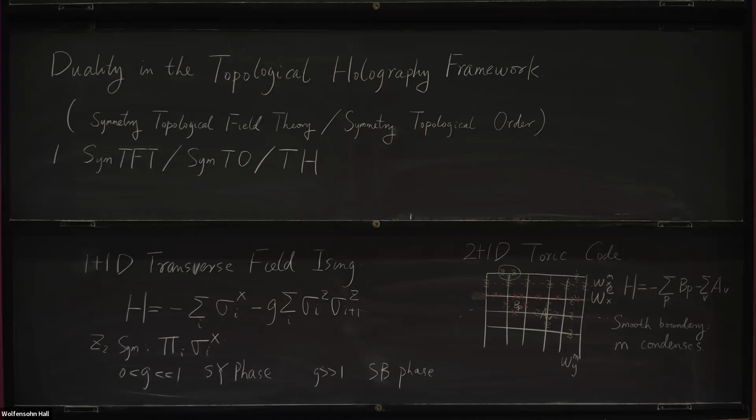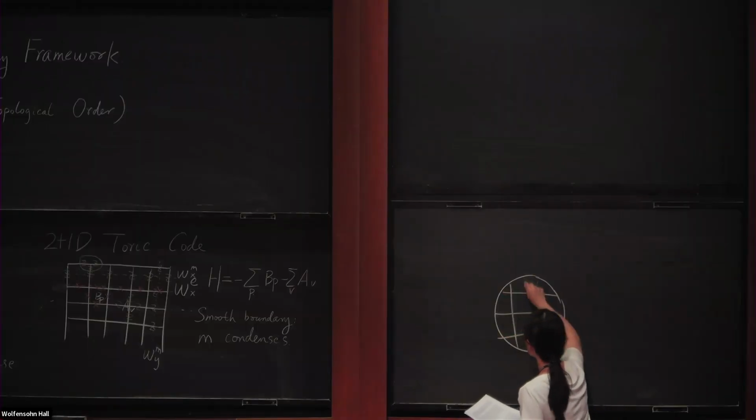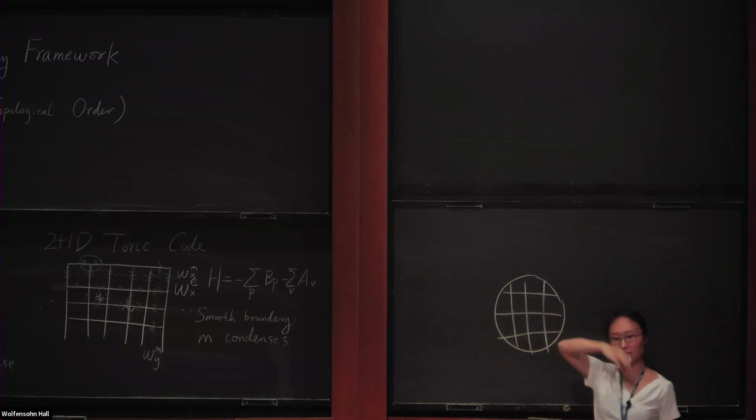Yes? The gap boundary. What does gap mean? Right, what does gap mean? So I haven't specified what happens down here. But in the simplest case, let's say we have a disk of toric code, and it's smooth all around on the boundary.